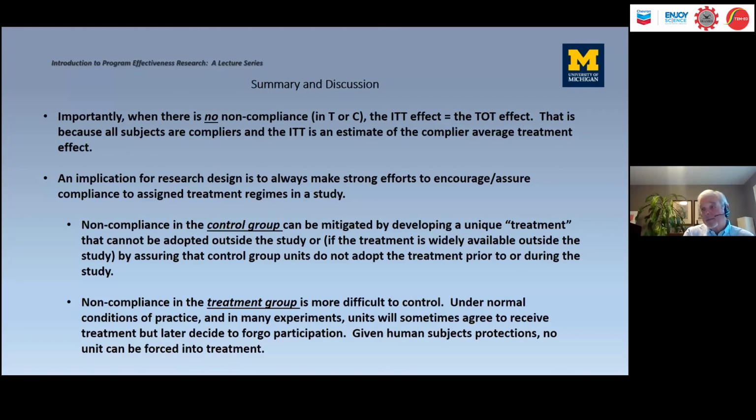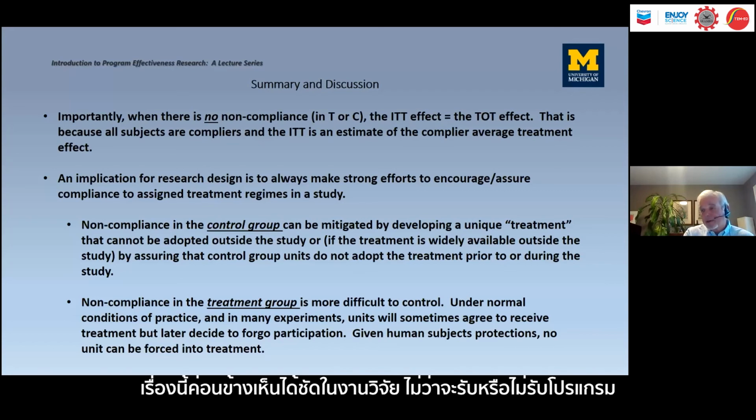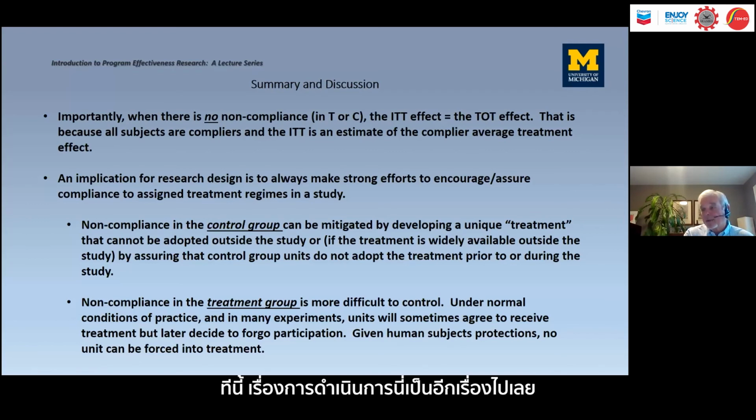In my own personal experience, it is often fairly obvious in a study who either took up or didn't take up treatment. Now, implementation is a different story.